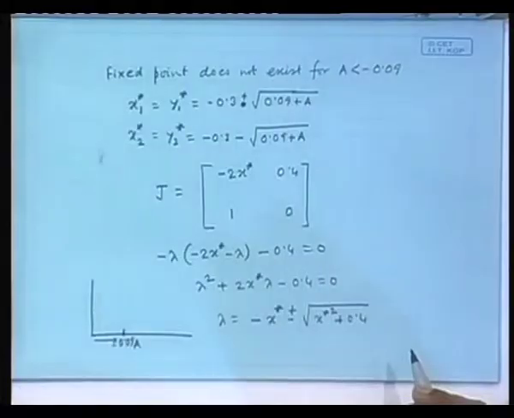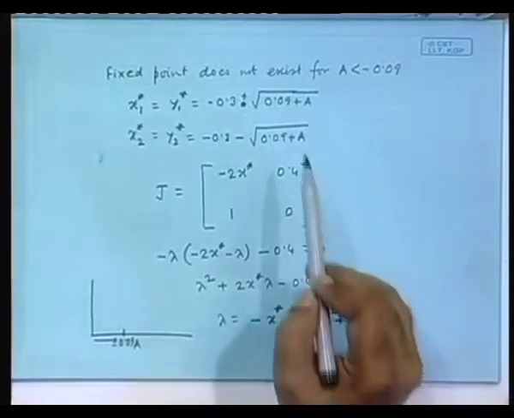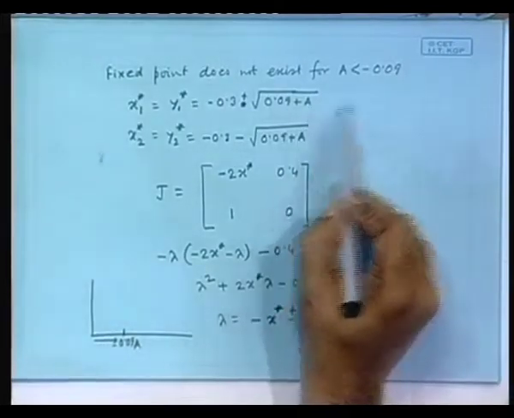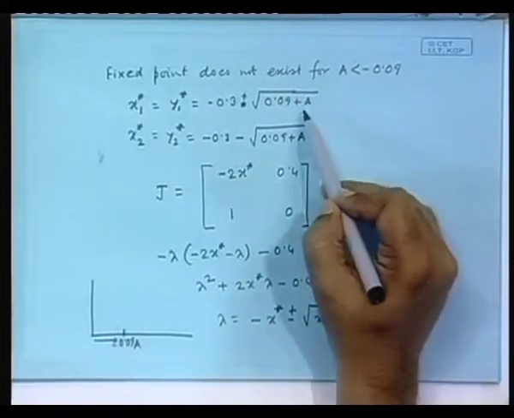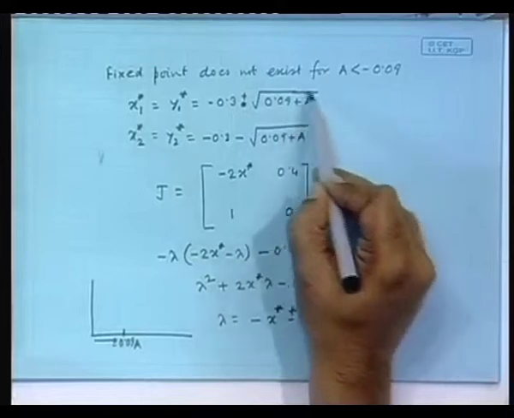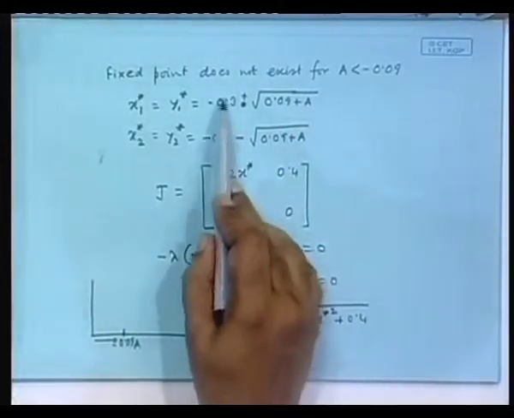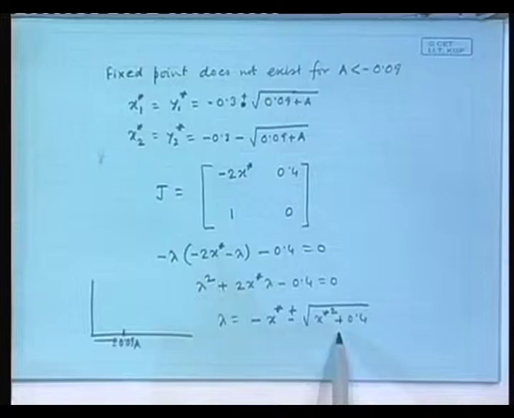What are the eigenvalues in these two cases? Well, wait a minute. First, let us assume a is equal to 0.09. If a is equal to 0.09, then this term vanishes. So, you have 0.3, put it here and see.